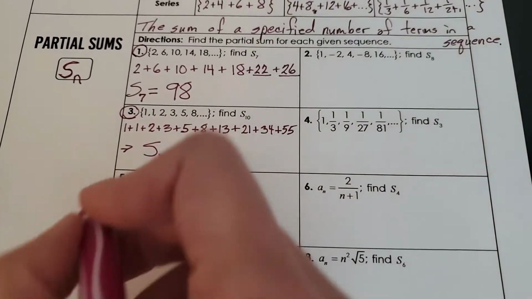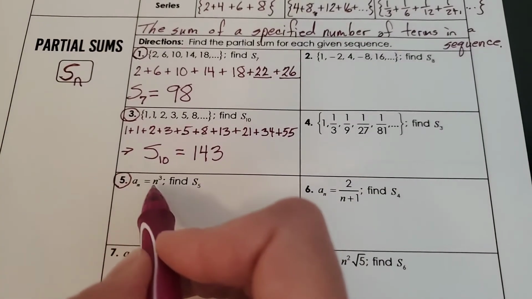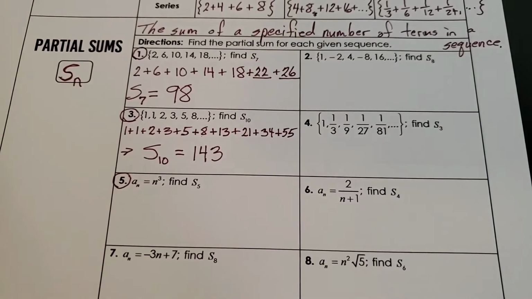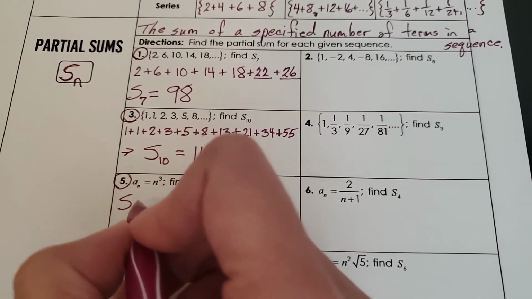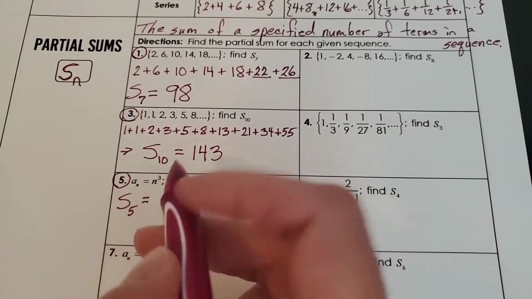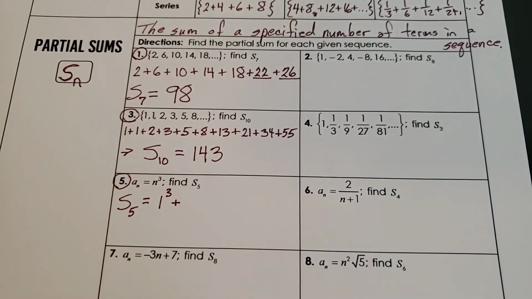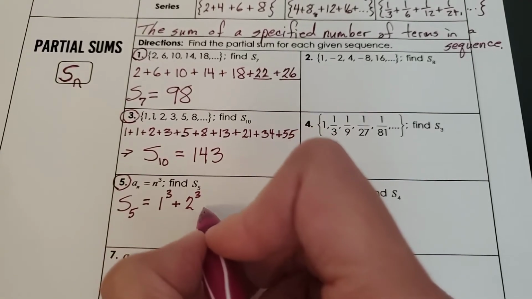All right, let's look at one more. A sub n equals n cubed. That is not geometric. That is not arithmetic. But I can still work to find the first 5 terms. The first term, I'd plug 1 in. That would be 1 cubed. Then, second term is 2 cubed.